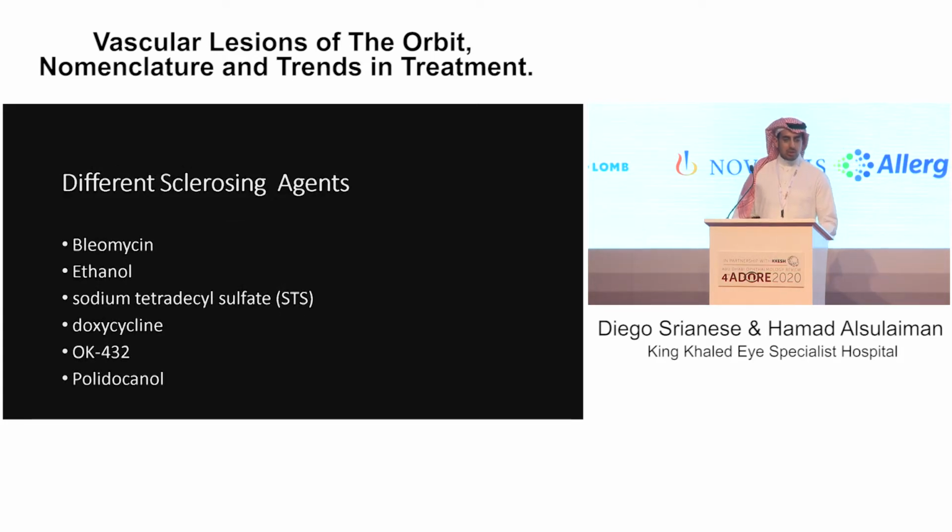So this led to the use of sclerosing agents. As you can see here, we have several agents available: bleomycin, ethanol, sodium tetradecyl sulfate, doxycycline, and so on.